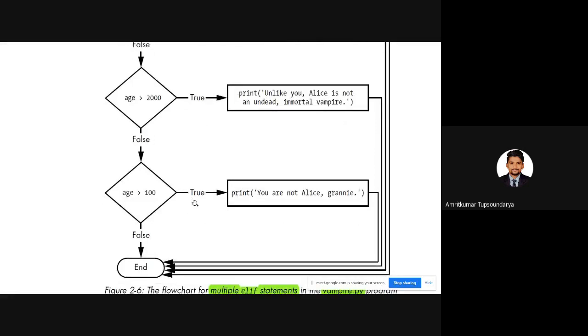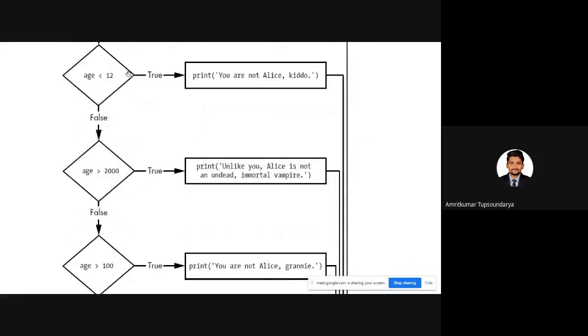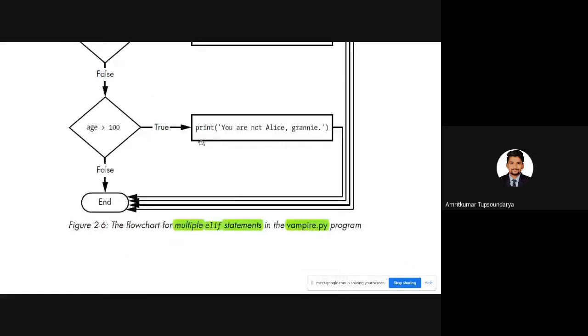If it is greater than 100, which is let's say true, then print you are not Alice, granny. If it is false, anyhow it gets to end. But as you can see here, after each elif we are directly ending. Right? After each elif statement gets true, we are ending. So this is a chain, you can see, or nested, you can say, in broad terms.